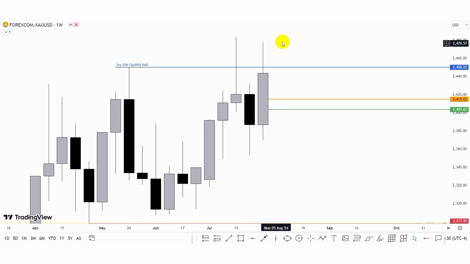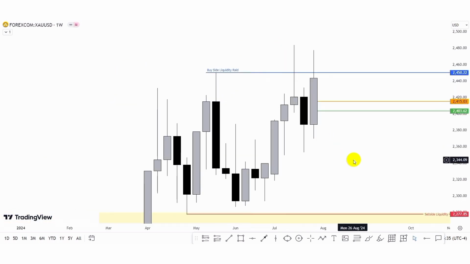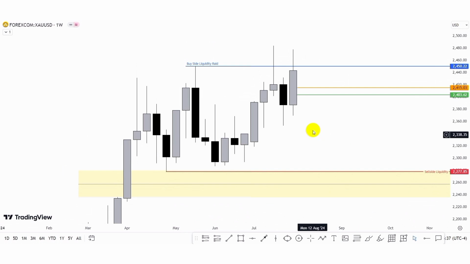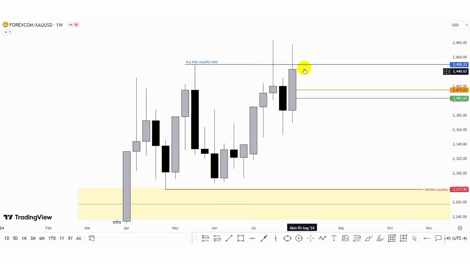Then we continue price movement to the upside. If you can remember, I've been stressing that gold is actually in a bullish market condition. So we should still expect the bullish move of price to the upside when price returns to either this price level or this price level.